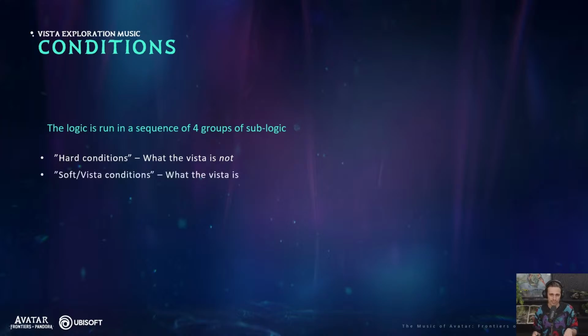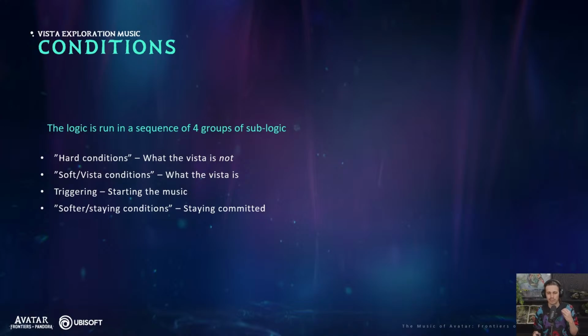Then we have the soft conditions, which are more looking at if the player is observing a vista. Then we have the triggering, some extra conditions to actually start the music. And then we have some softer conditions, I call it a bit cheeky, but that is just to make sure that the player is still committed to listening to the vista and they're not leaving again, so we can stop the music if that is the case.